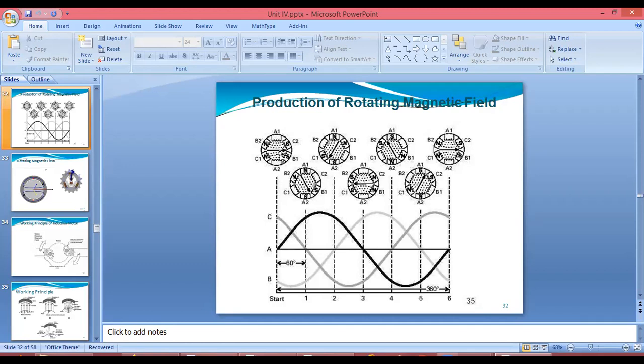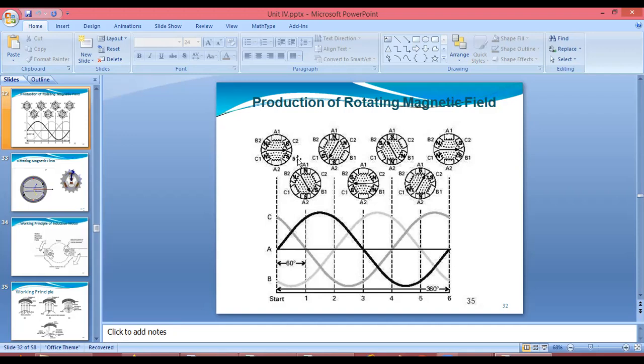If you are taking the current equation for A, IA equal to Im into cos omega t. In that way, if you are considering a two-pole stator, it is considered with the angle between adjacent phases. These are 120 degrees, because between A and B there is a 120-degree phase difference. So you can take their MMF. If you are considering FR, this is nothing but FA. You can take maximum force Fm into cos omega t.